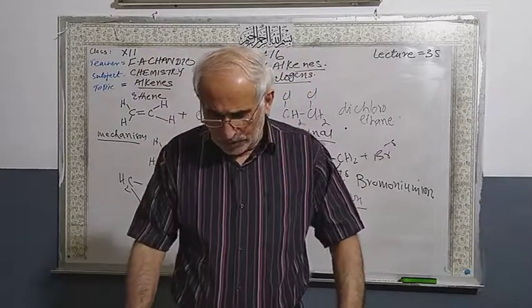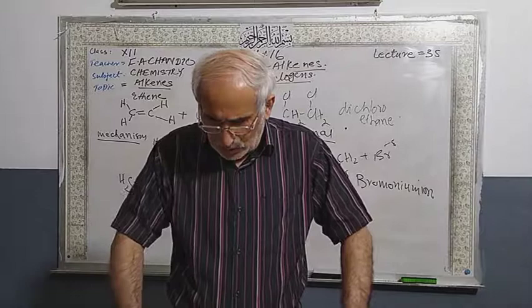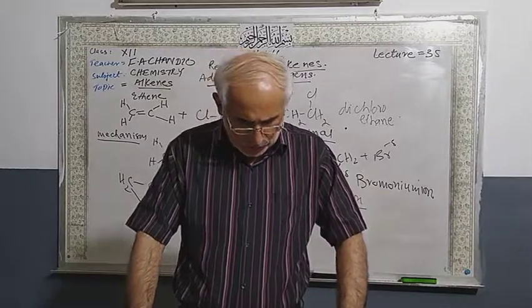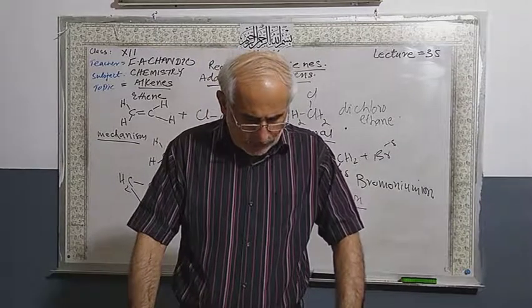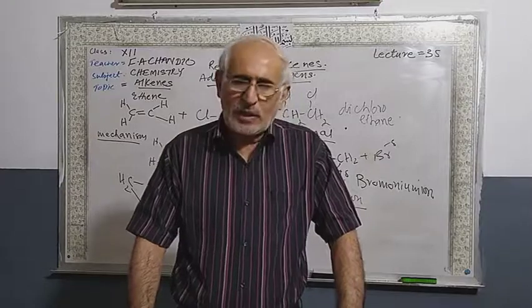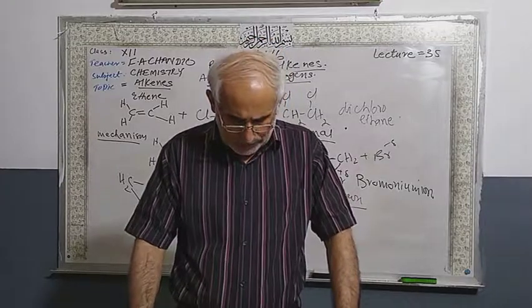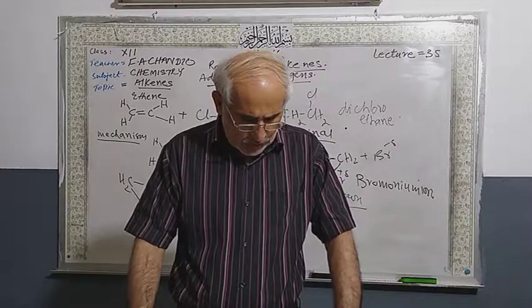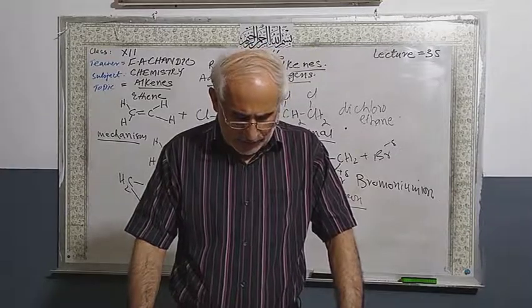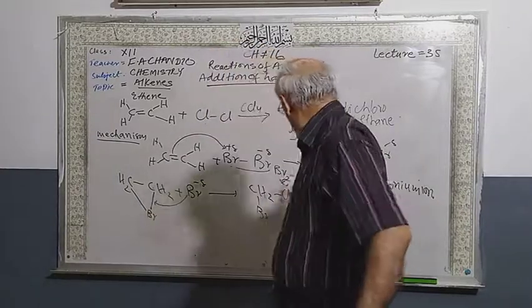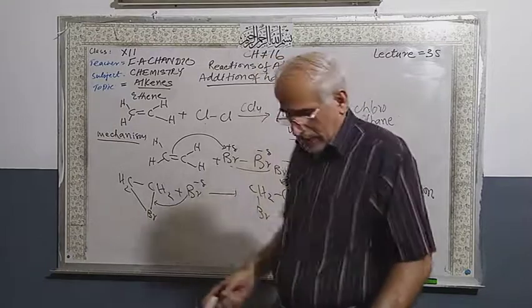So the bromonium ion forms, and then 1,2-dibromoethane is formed. The bromine molecule becomes polarized as it approaches the alkene, as I already told you. This polarized bromine molecule transfers a positive bromine atom to the alkene, resulting in the bromonium ion. Then the bromide ion, a nucleophile, attacks the carbon of the bromonium ion.